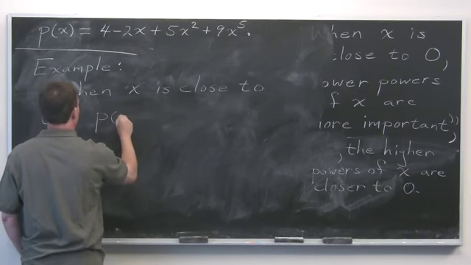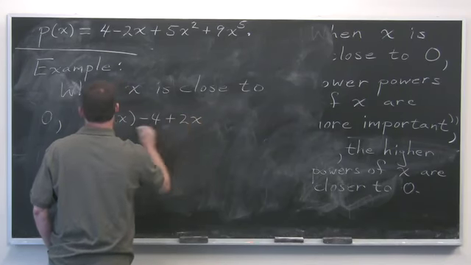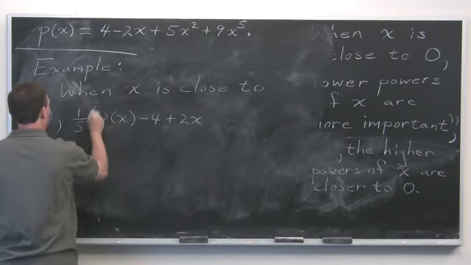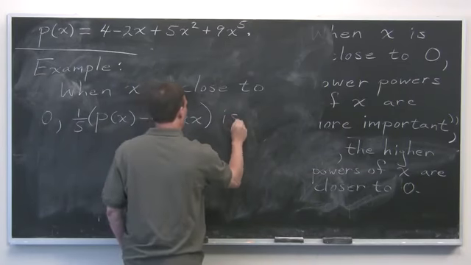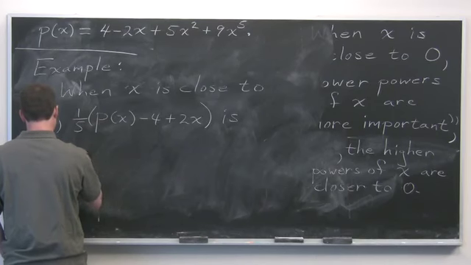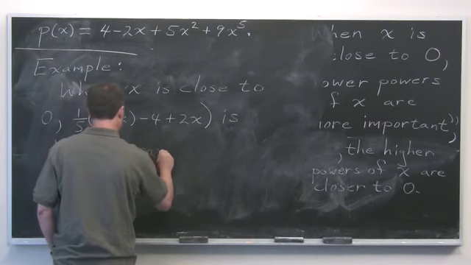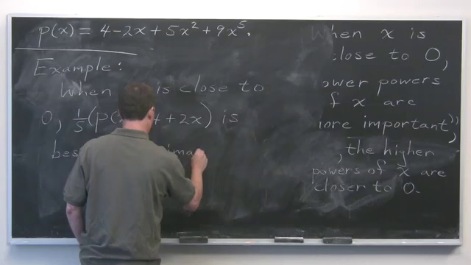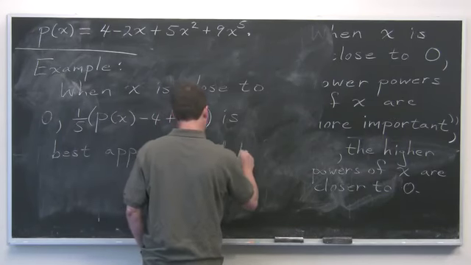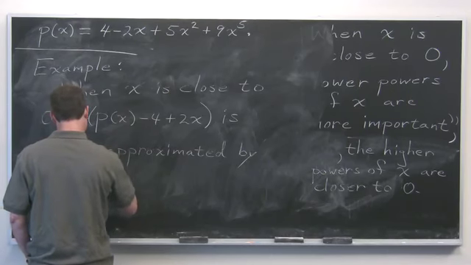So p of x minus 4 plus 2x, divided by 5, is best approximated by what power of x?